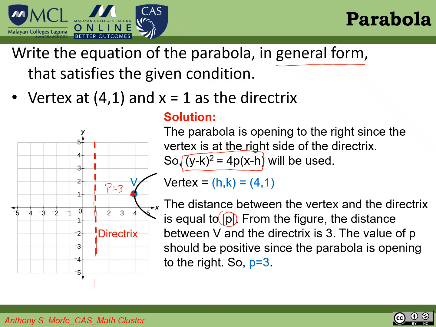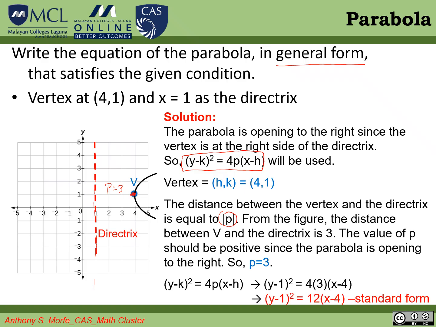So knowing this information, we can substitute this into our standard form equation, and then you just expand. After you substitute P equal to 3, together with the coordinates of the vertex, we get the standard form.